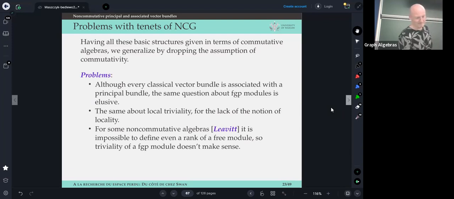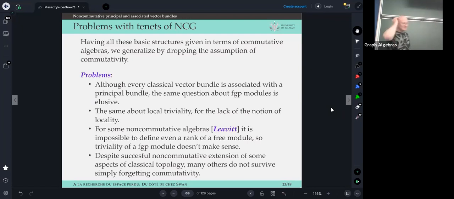So it's a problem. And there are many more problems: despite the fact that some aspects of classical topology can be reproduced on the level of non-commutative spaces, some other aspects of classical topology completely disappear, dissolve, when we want to forget about commutativity.